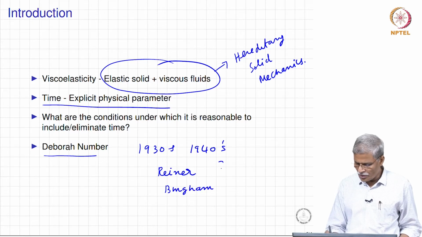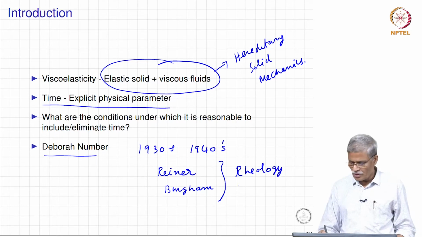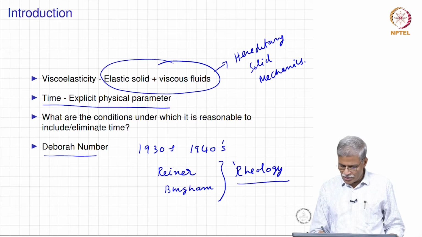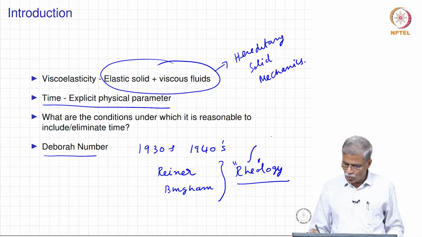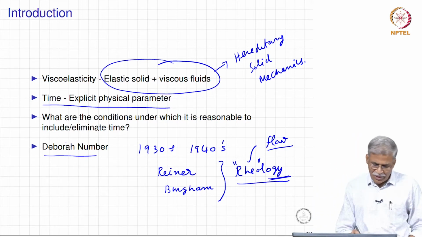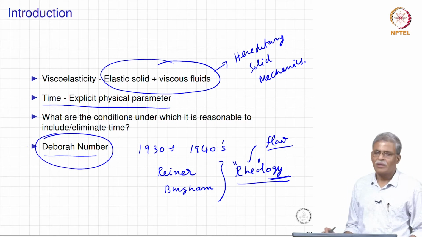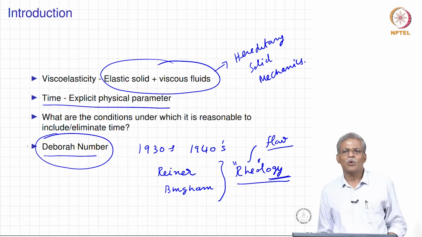In fact, these two people were credited with coining this word rheology. So, rheo essentially means flow, okay, and this is the science of flow, and the starting point for all these things is a fictitious number that they called Deborah number.